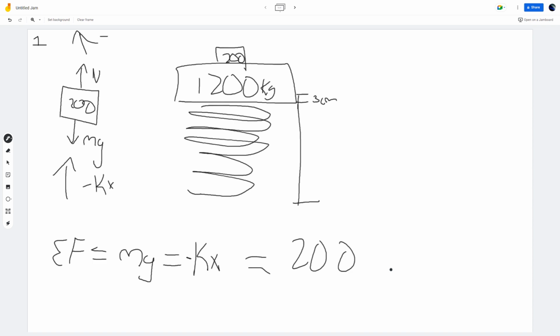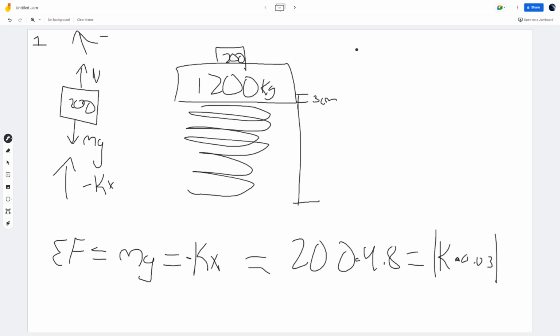What are the other values? The gravity, sorry, I was going to the calculator, is 9.8, and then we're solving for k, and then x is, I'm going to keep an absolute value here just so people don't get mad, 0.03 centimeters, 0.03 meters, sorry.